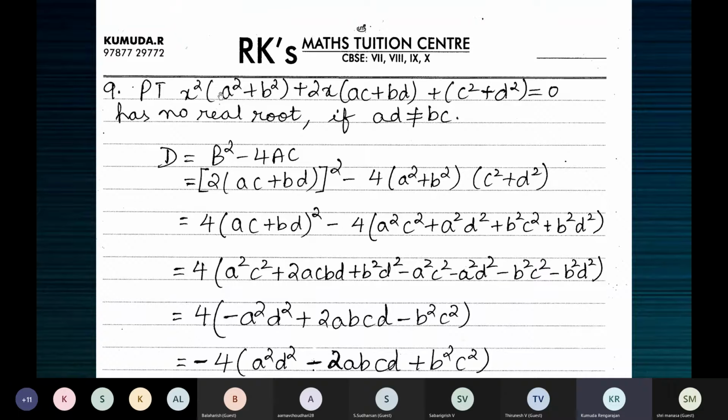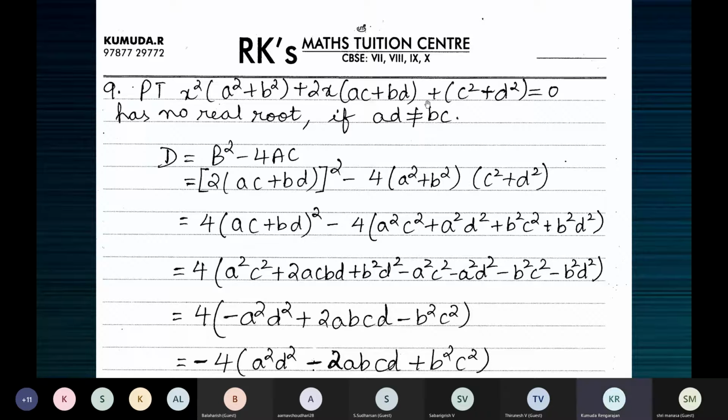We need to prove that this quadratic equation, see, this is the x squared term. This is the x term, and this is the constant, the one which does not have x or x squared in it.